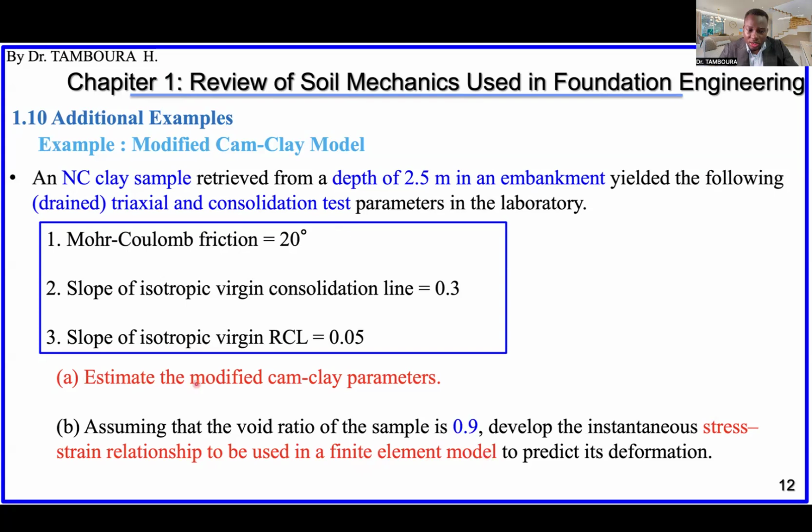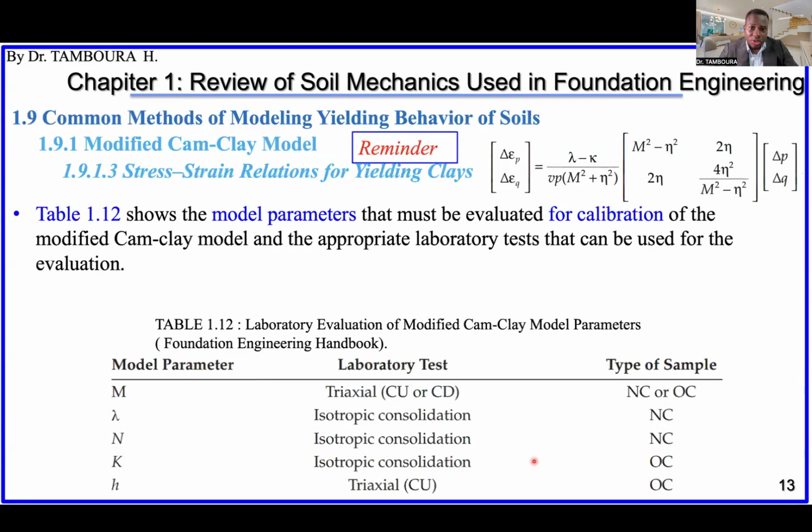Okay, the relationship is just the equation we provided last time as the equation for the modified Cam clay model, to predict deformation. So this slide is just a reminder. Okay, this is the stress strain relationship for the modified Cam clay model.